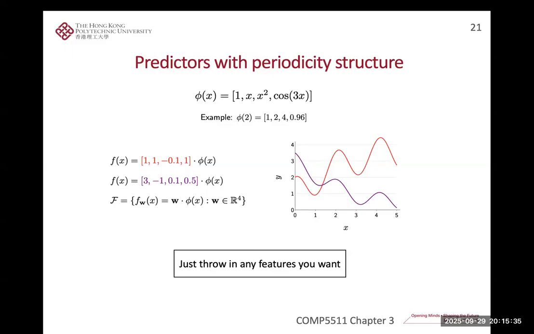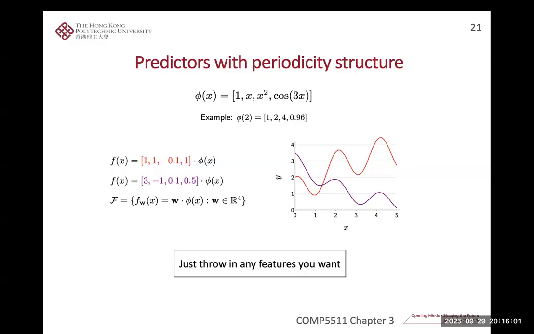This is also domain specific. Because in your application the input data are probably time-varying and have some periodicity pattern, you can simply add one more term that can capture the trends. And given this feature extractor, you can still use your linear models to capture this kind of periodicity pattern. Just throw in all the features you want and learn the models.